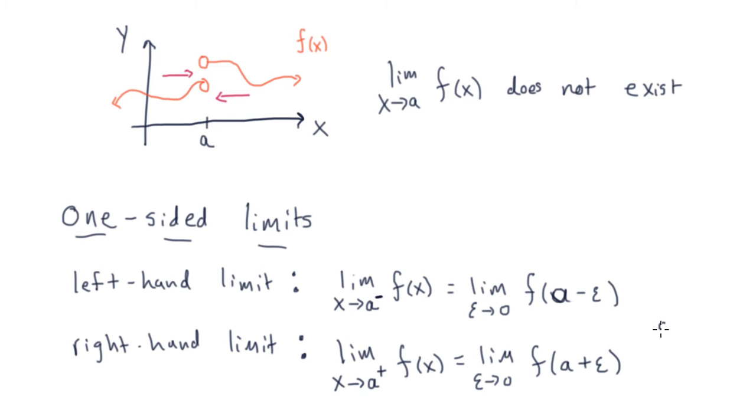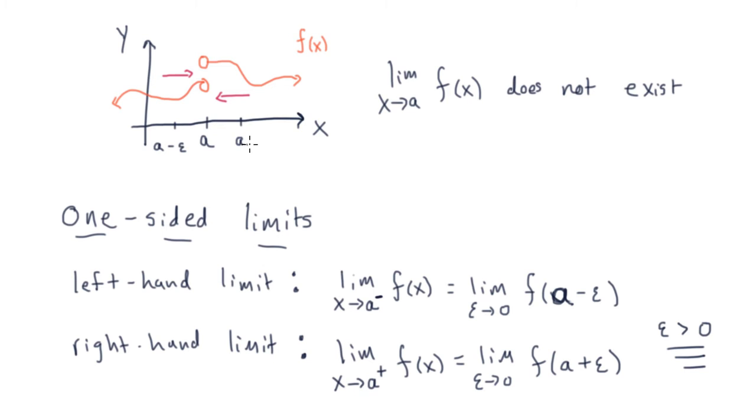Here it's significant to note that epsilon is going to be a small positive number. So basically, for the left-hand limit, I'm taking a and subtracting a small number and then letting that small number get really, really close to 0. So I'm going over here to a minus epsilon, and then I'm moving in towards a.